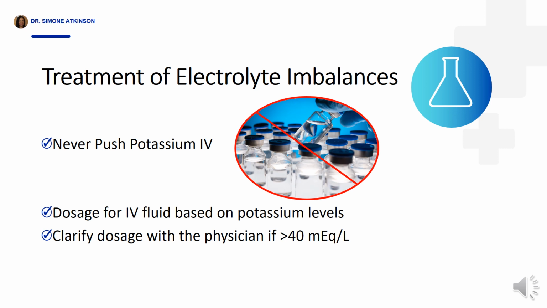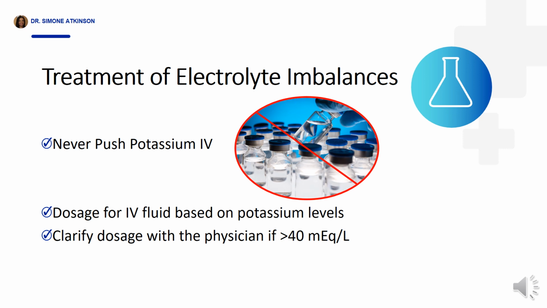If you're faced with an order for potassium exceeding 40 milliequivalents per liter, it's extremely important that you clarify that with the physician or the healthcare provider, because more than 40 is too much. Remember, potassium can send your patient into a fatal arrhythmia, such as ventricular fibrillation.